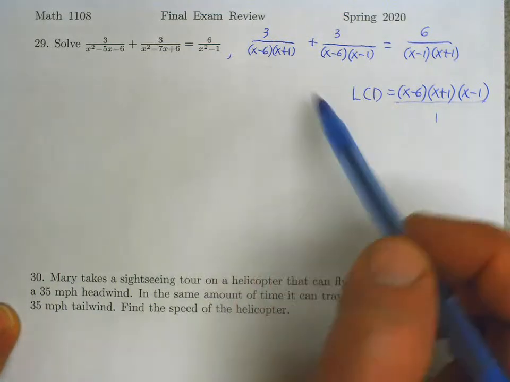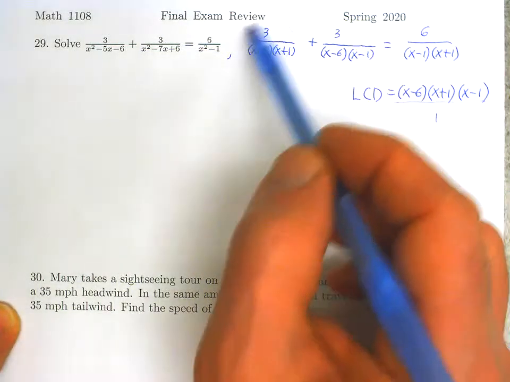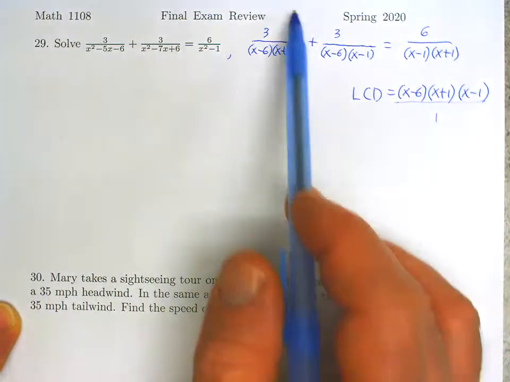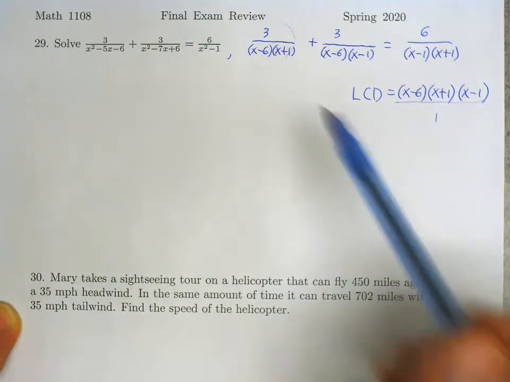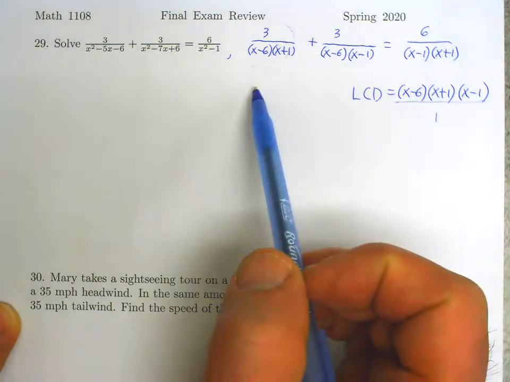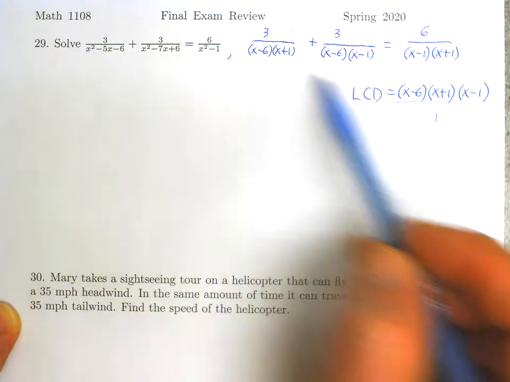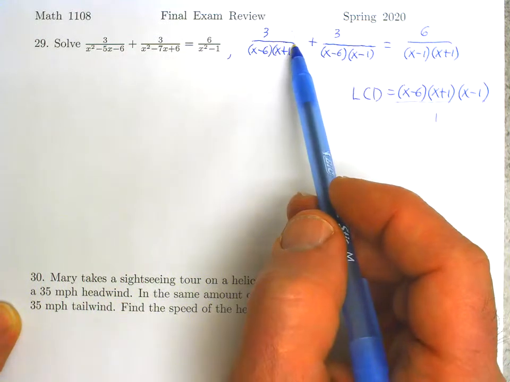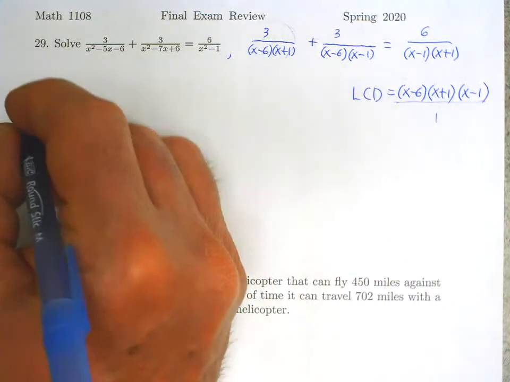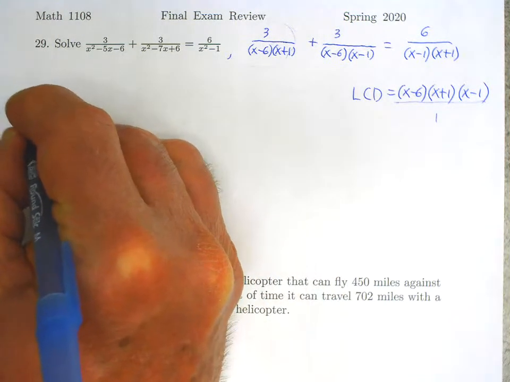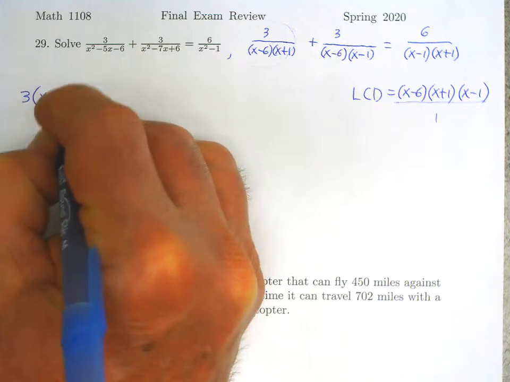Okay, so notice when we multiply 3 over x minus 6 times x plus 1 times the least common denominator, the denominators will be cleared because the x minus 6 factors cancel and the x plus 1 factors cancel. So we'll just be left with 3 times x minus 1.